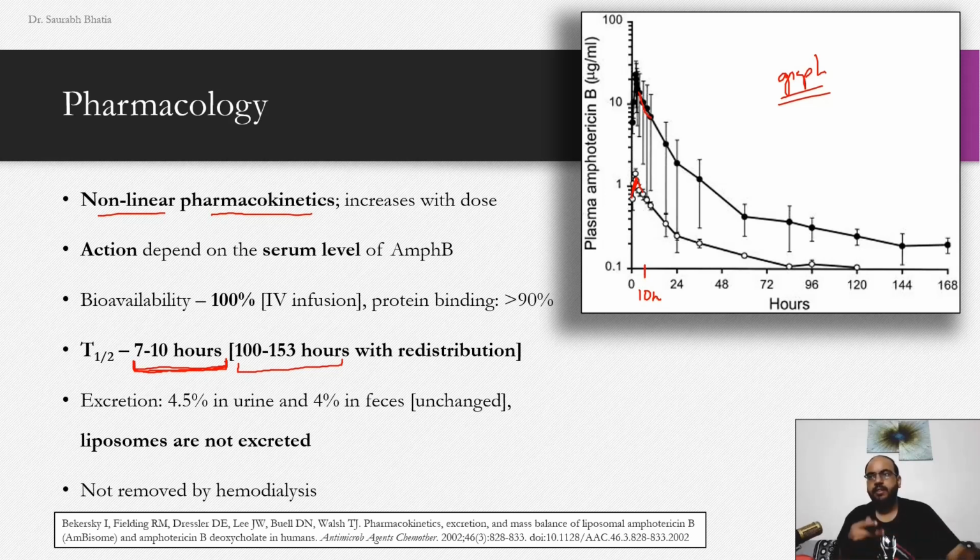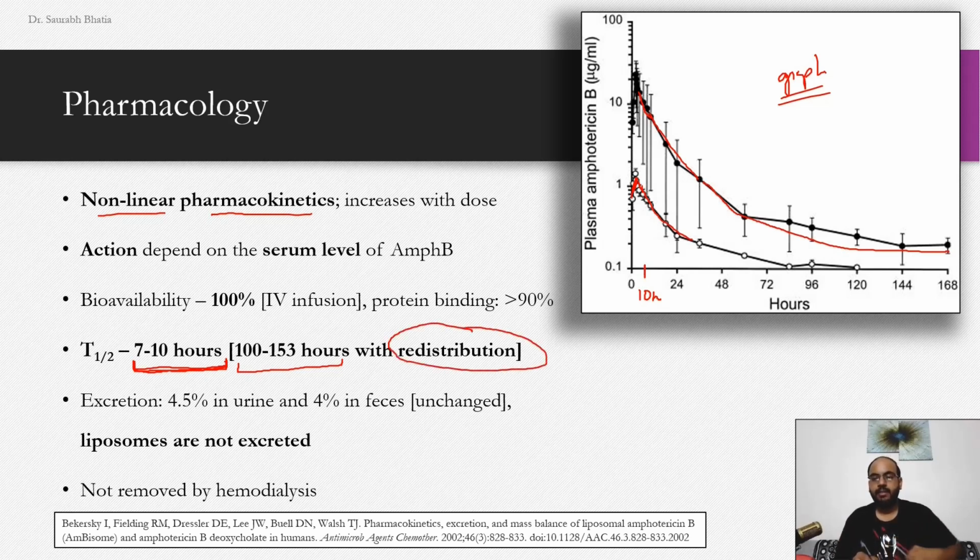So with repeated dosages, even after a rapid decline in concentrations, it takes a slower time to plateau down, and it remains for as long as 100 to 153 hours. So this kind of redistribution capability is present.